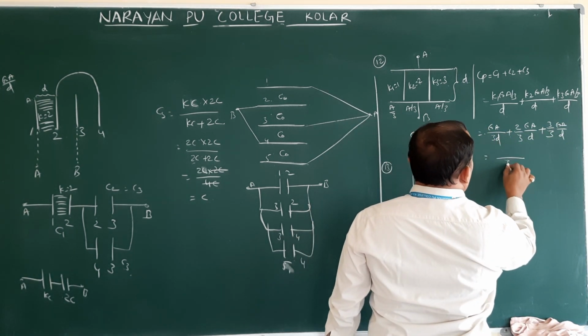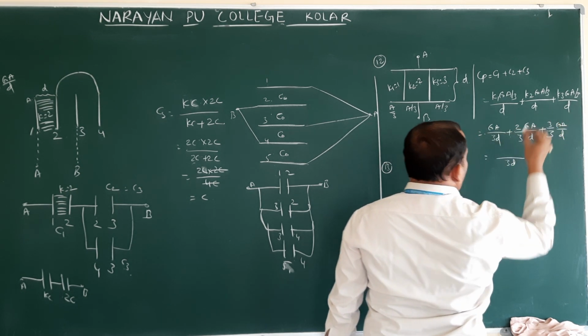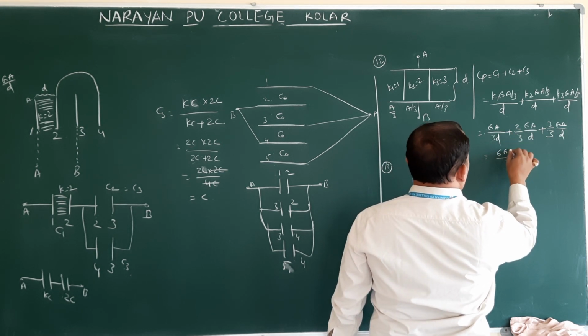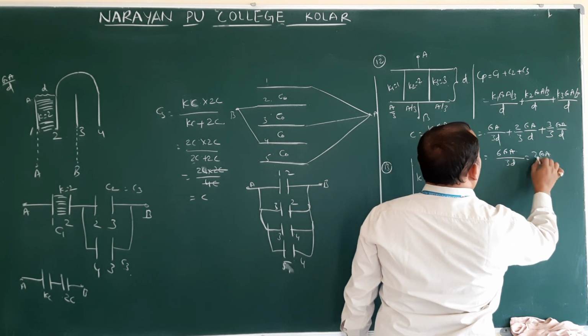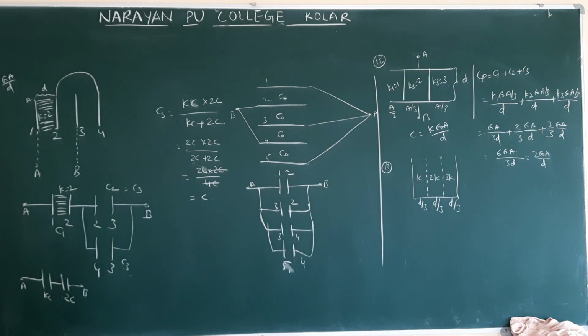So 3D is common, the LCM. So 1 plus 2 plus 3 is 6, so 6 epsilon naught A by 3D. That is nothing but 2 epsilon naught A by D. So the option is 2 epsilon naught A by D. That is the second option.